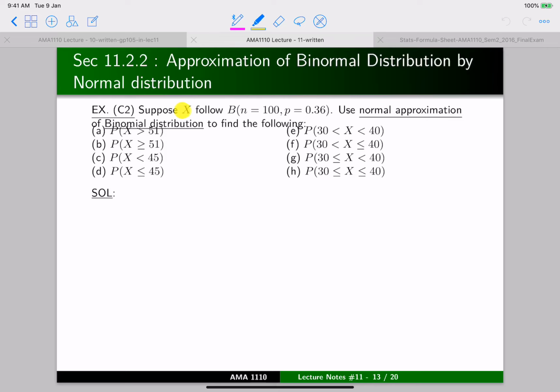And you can try some of these other problems at home. Here x represents our 100 tosses of the unfair coin with probability 0.36 of landing heads.